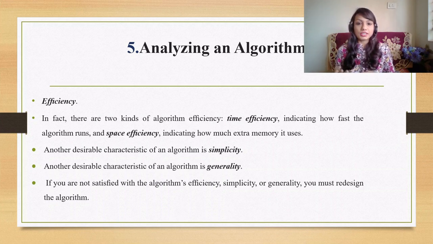After seeing the efficiency, simplicity, and generality, if you are not satisfied, you go to the previous steps and analyze the algorithm again. Now pause the video, write down the steps, and see whether you can recollect them.